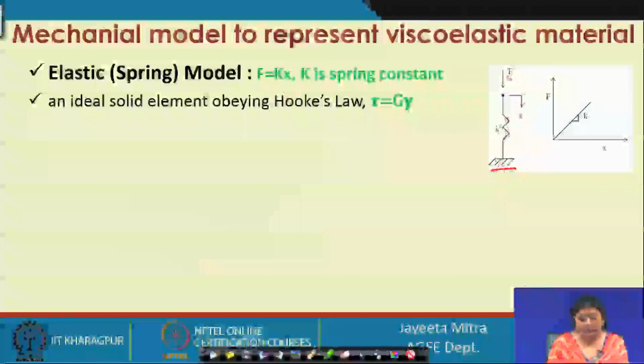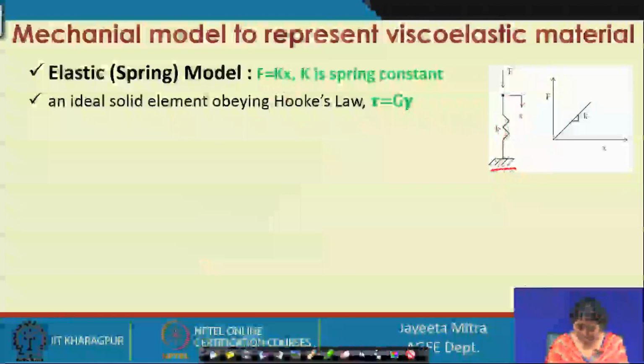When we remove the force F, the spring recoils back to its initial condition. So, an ideal solid element obeys Hooke's law, that is, shear stress is proportional to strain gamma, and the proportionality constant G is called the elastic modulus.